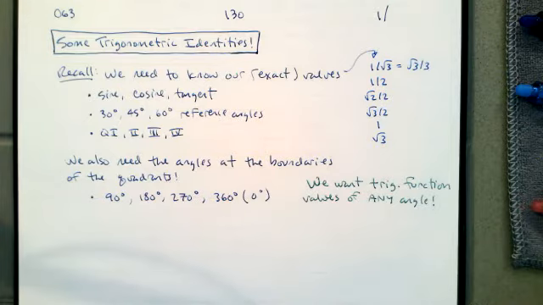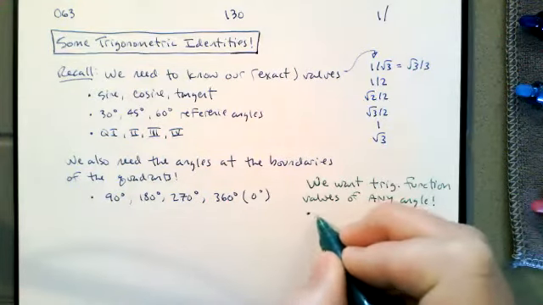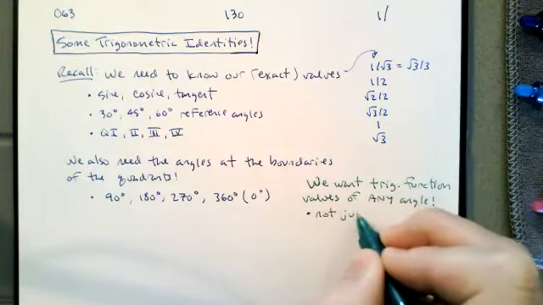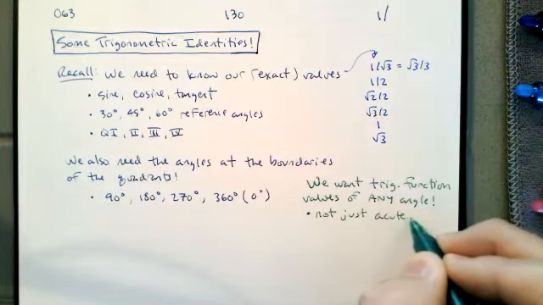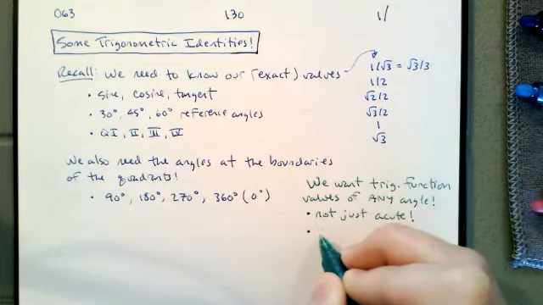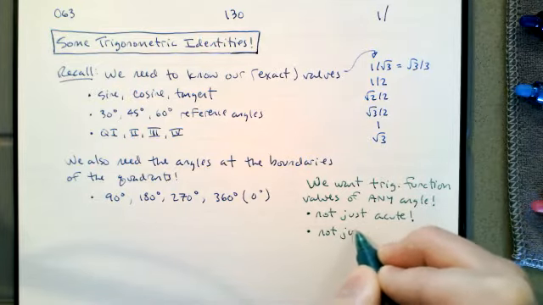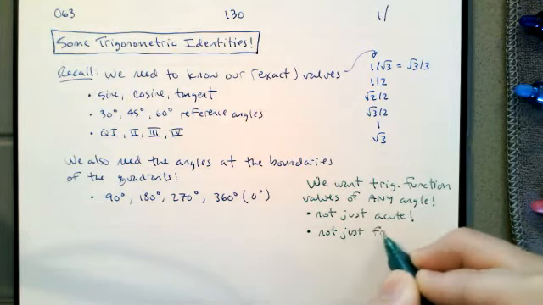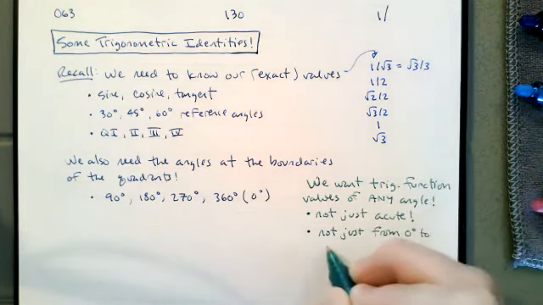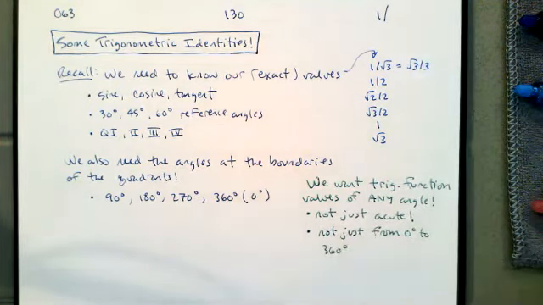Not just acute angles, not just between 0 and 360, any angle. We want ones past 360 and before 0. That's the negative ones.